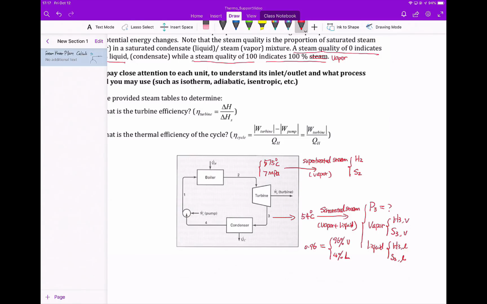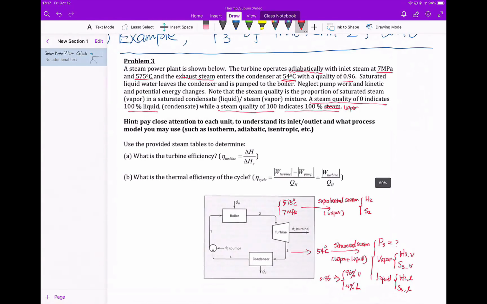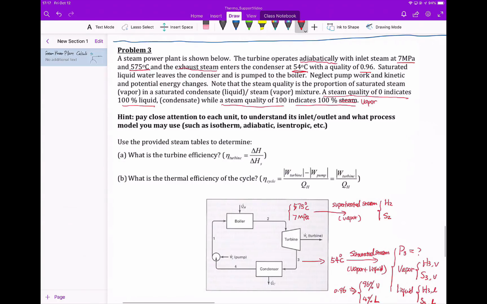Okay. What else do I have? Then I also have this is saturated liquid.